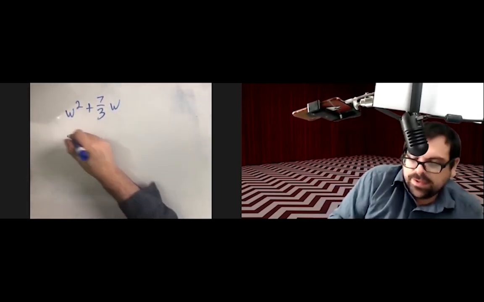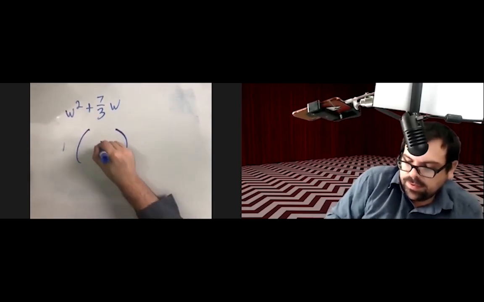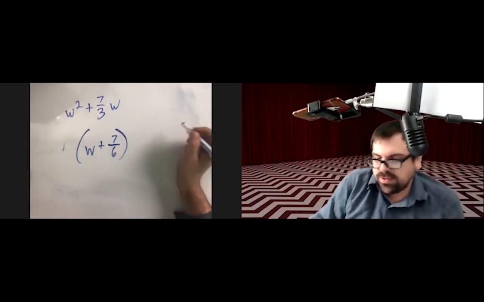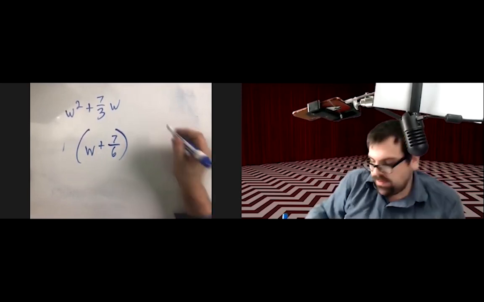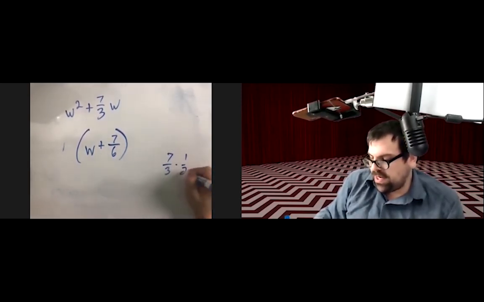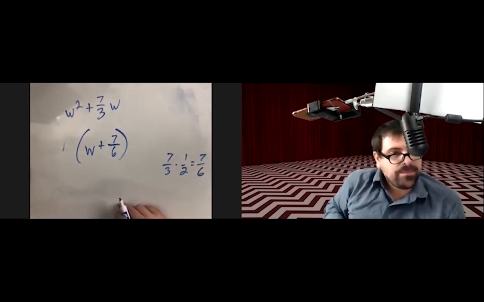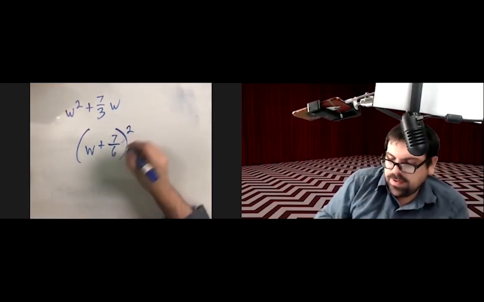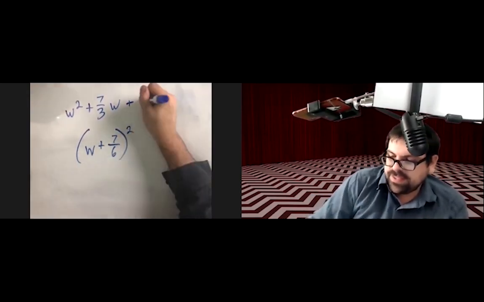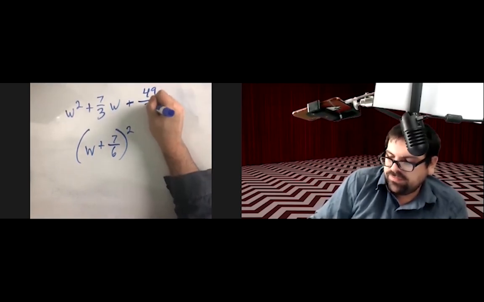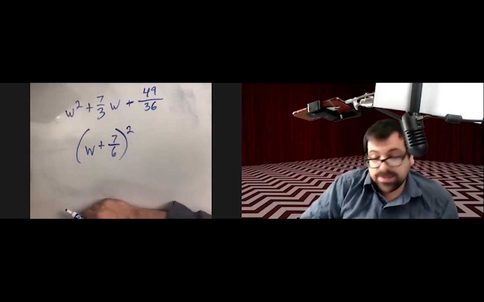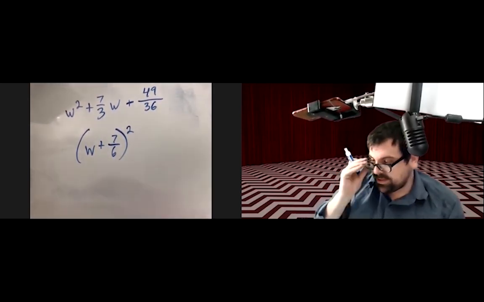But half is still multiplying by 2 on the bottom, so half of 7/3 would be 7/6. 7/3 times 1/2, 7/6. And then we square it. 7/6 squared would be 49/36. So adding 49/36 completes the square there.